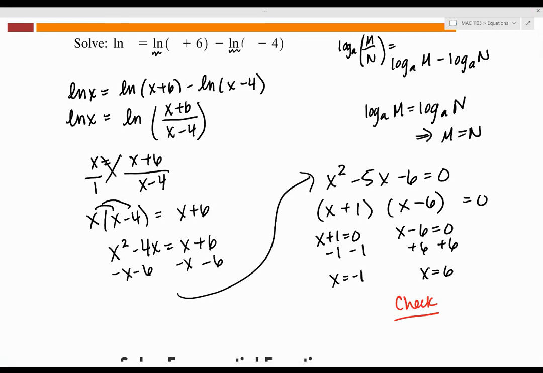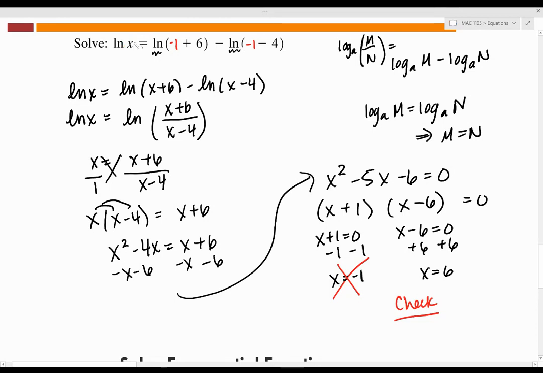So when I plug in negative 1 here, and negative 1, and negative 1, okay, that gives me negatives in my argument. So the natural log of negative 1 you can't have. The argument of your log function cannot be negative. So automatically, I have to throw out x equals negative 1.